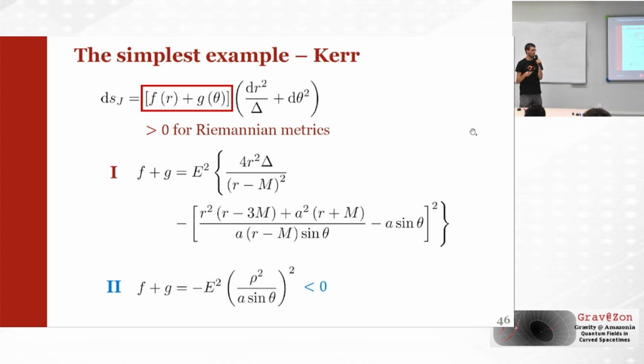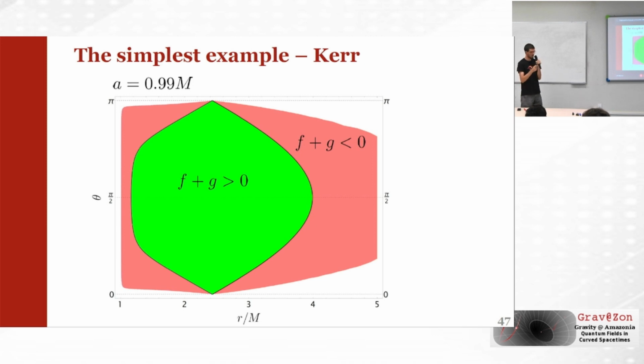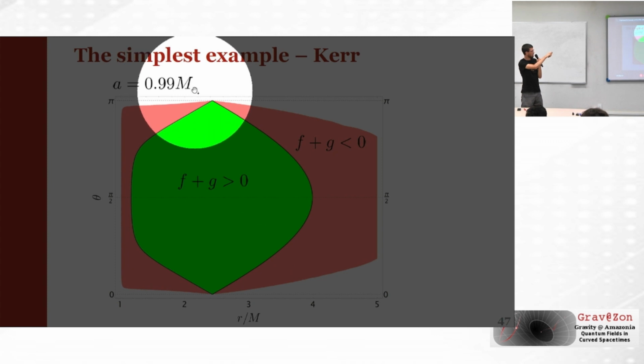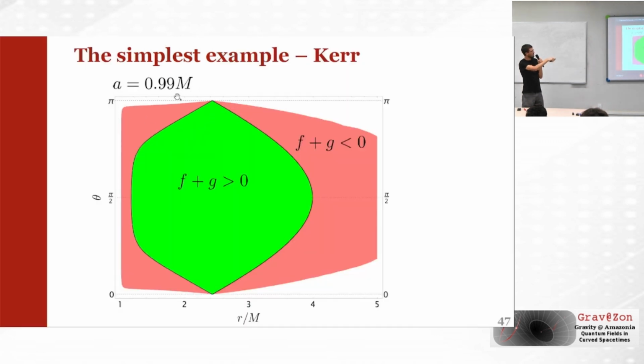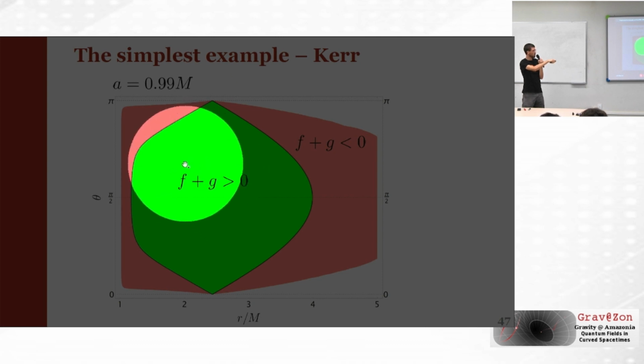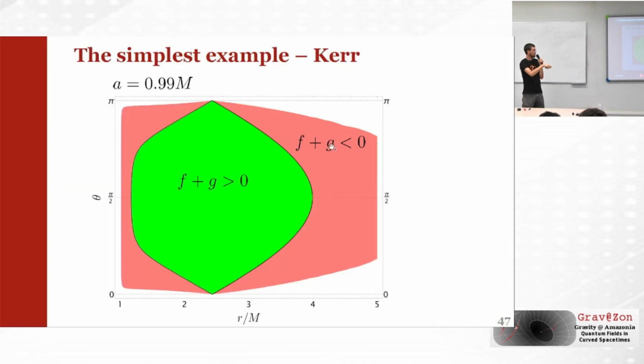So what we do now is study this class and plot it on the r-theta plane. And what we obtain is this, for Kerr with a spin parameter of 0.99. We have this region in green where the conformal factor is positive and we have Riemannian metrics. Outside this region, the conformal factor is negative and the metrics are non-Riemannian, hence unphysical.